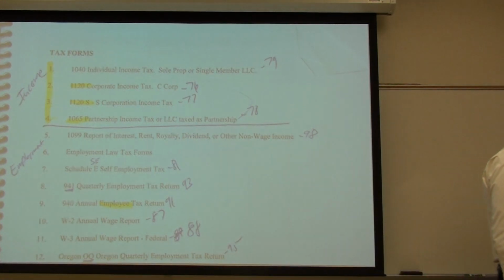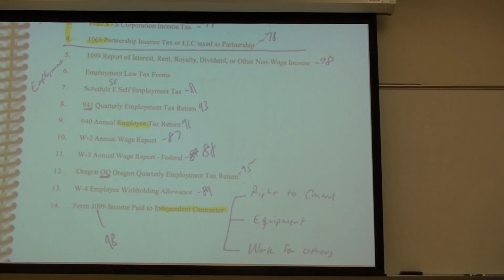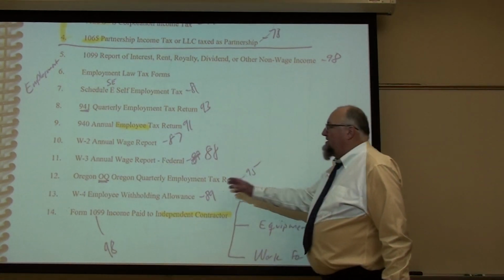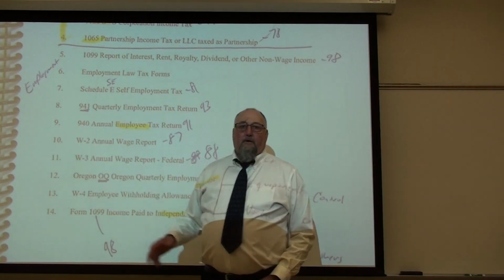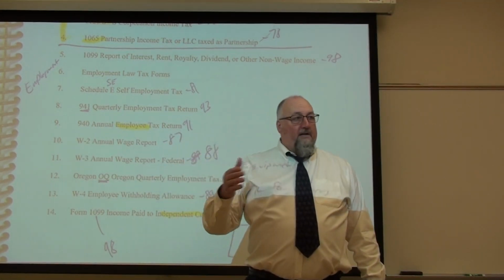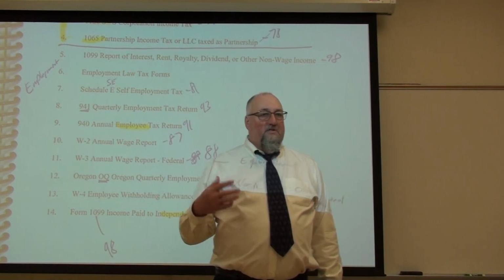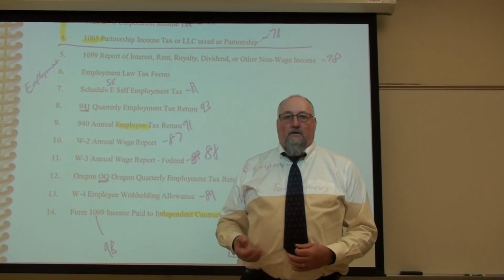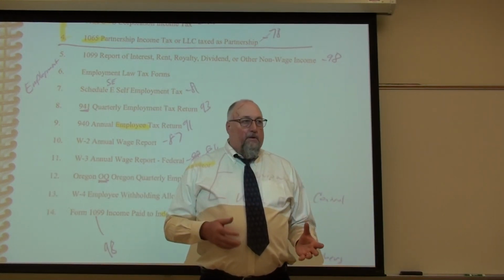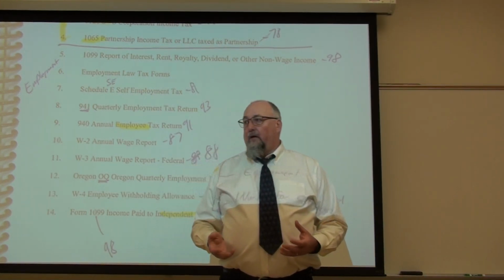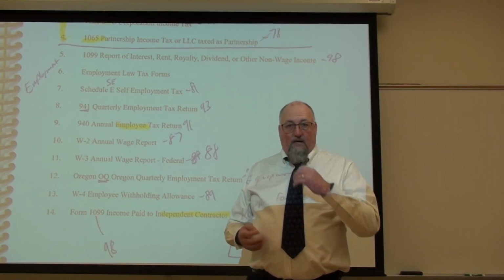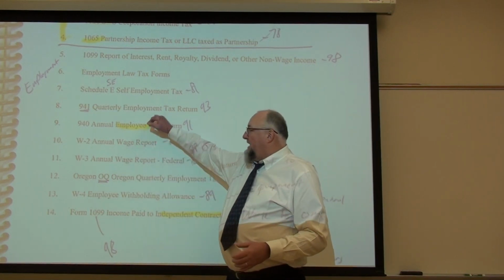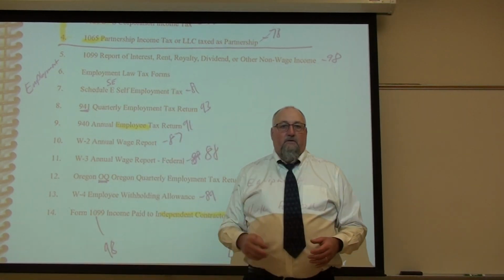Now, let's move on to the bottom forms here. The bottom forms are based on payroll. So these forms have something to do with either you're paying somebody to work for you in some manner, either as an employee or as an independent contractor, or you're reporting money that you made that you also then have to pay not just income tax, but because you're self-employed, you have to pay self-employment tax.